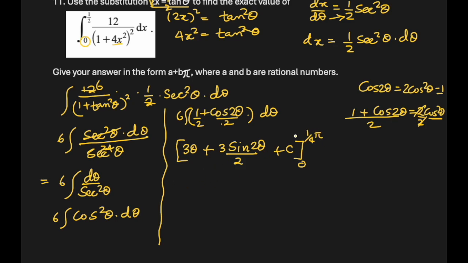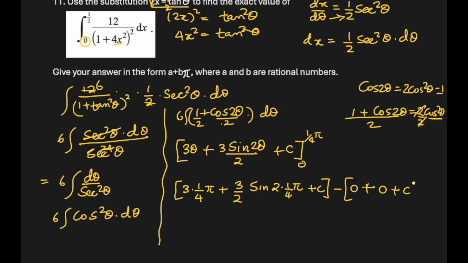Now I have to substitute this first, so 3 times 1 over 4 pi plus 3 over 2 sine 2 times 1 over 4 pi, yes, plus c, minus 3 times 0, 0, plus sine 2 times 0 is 0, sine 0 is 0, so this whole thing is also 0, plus c.